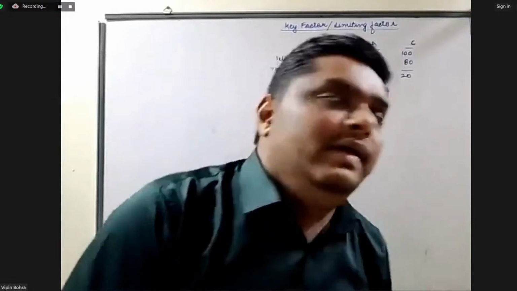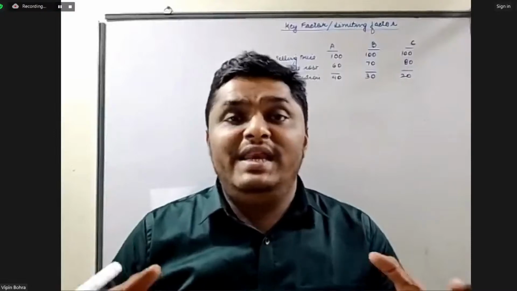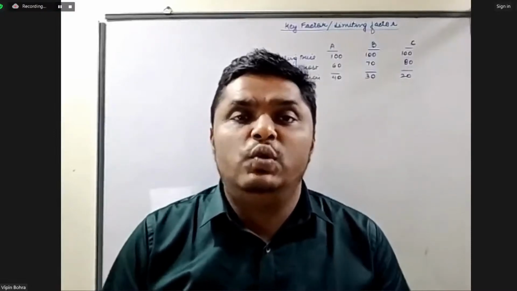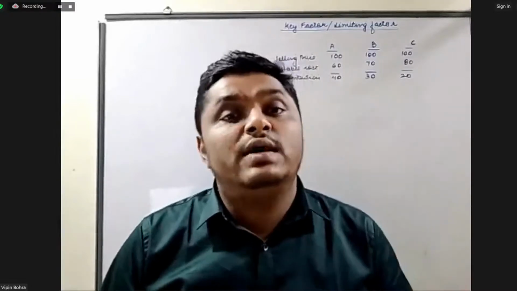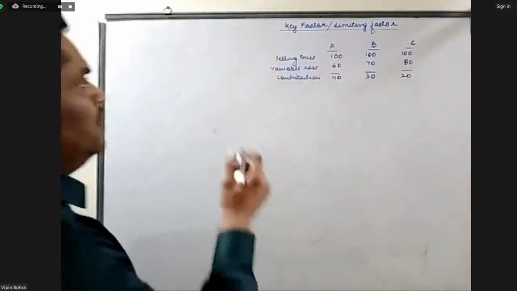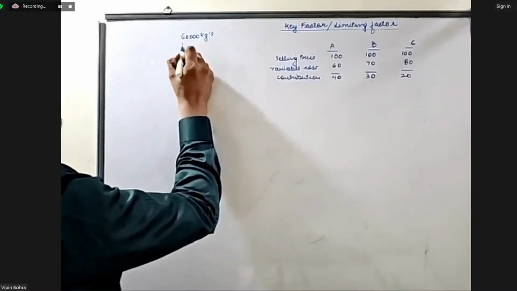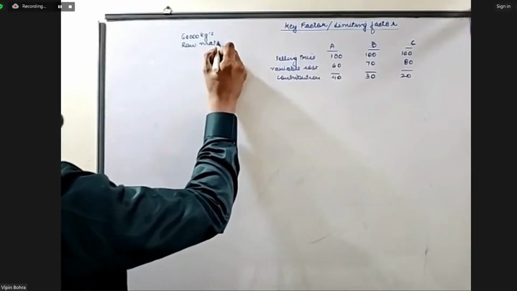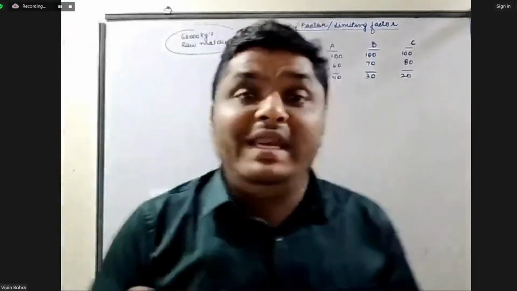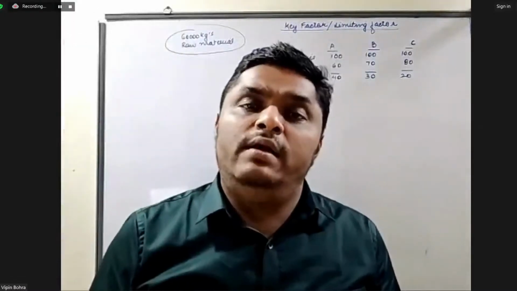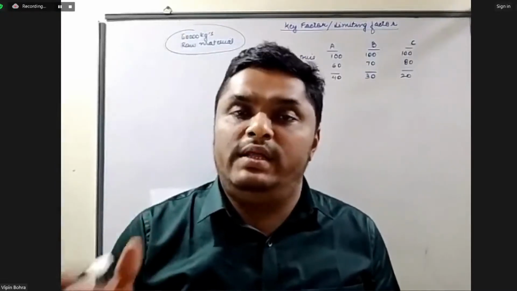Let's say my annual requirement of raw material is 2 lakh kgs, but Mr. Vijay is able to arrange only 60,000 kgs of raw material. Even though my requirement is 2 lakh kgs, the supplier can provide only 60,000 kgs of raw material.